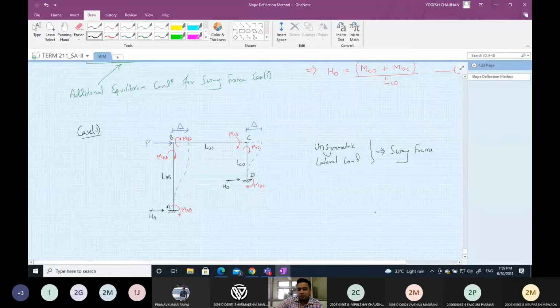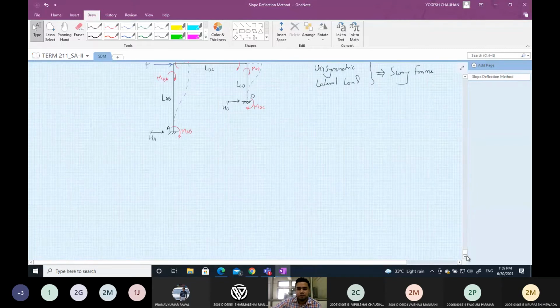So let us formulate the additional condition for the sway. So again taking moments at B. So if you take moment at B, it will be HA into LAB.